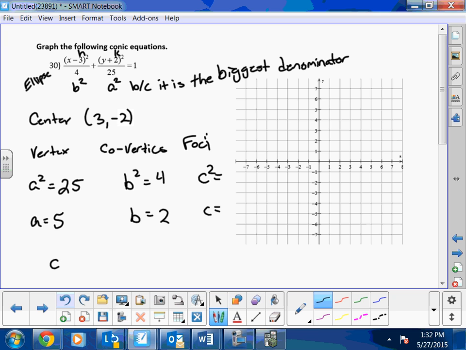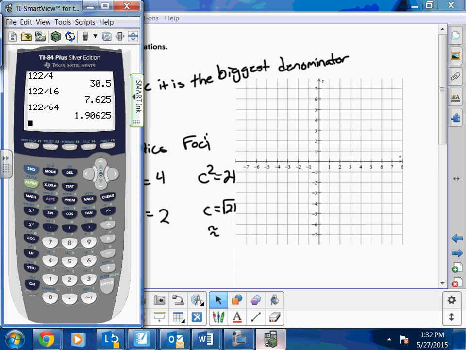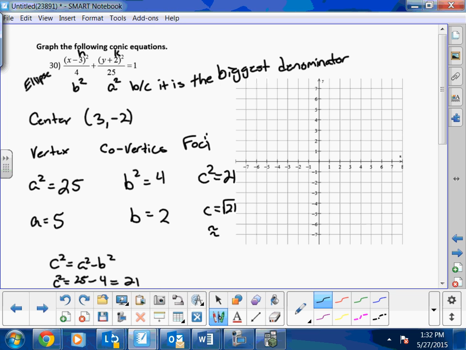We're given the equation c squared is equal to a squared minus b squared to find c squared. So c squared is equal to 25 minus 4, which is 21. So c is the square root of 21, which is approximately 4.58.